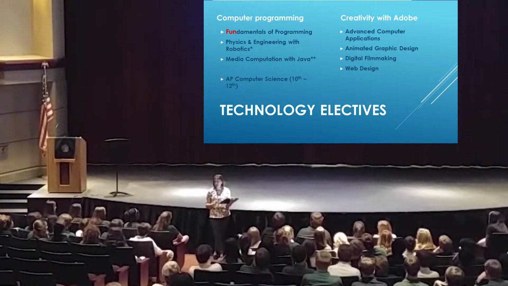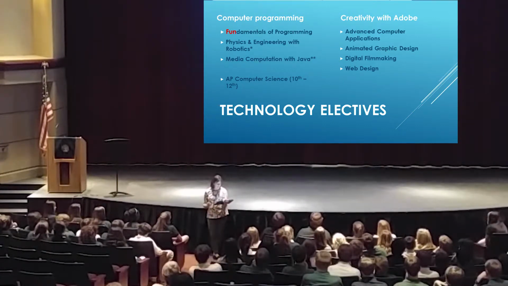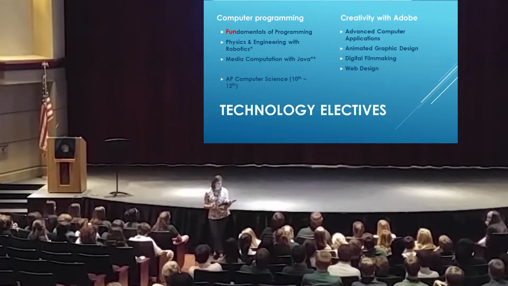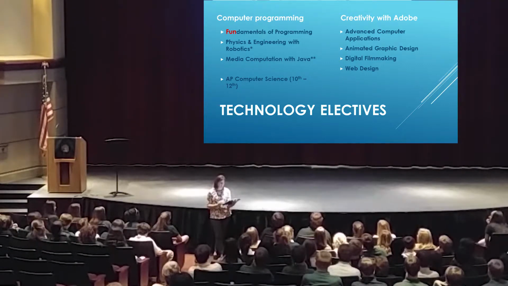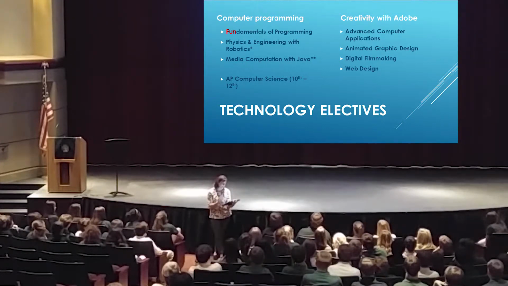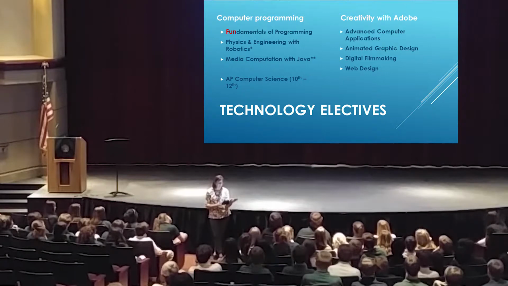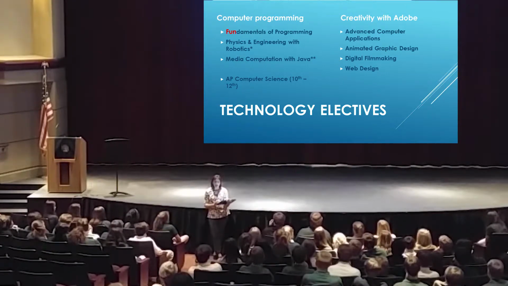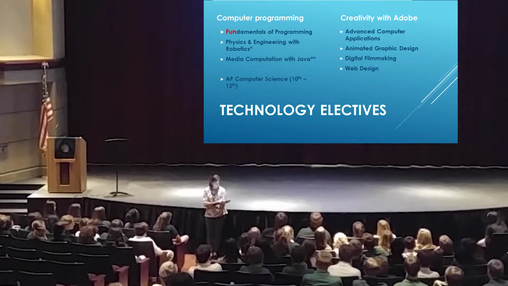There is a science elective that you can actually take called physics and engineering with robotics. And we have media computation with Java, which kind of leads into AP computer science as a sophomore or through senior year. Then we have the creative, non-programming courses: advanced computer applications, animated graphic design, digital filmmaking, and web design.